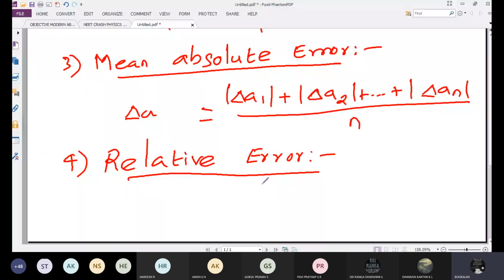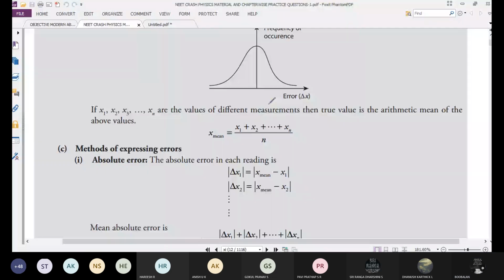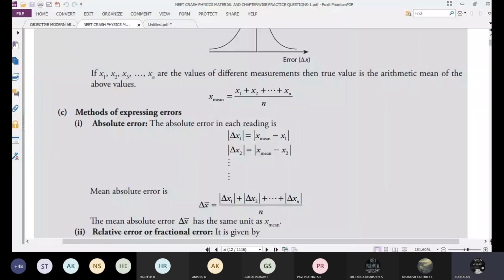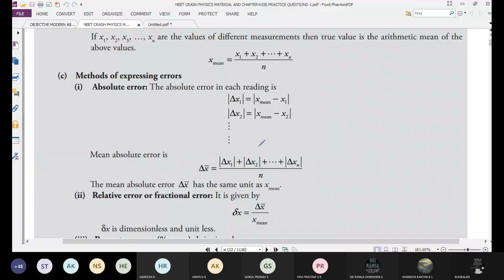Okay, up to mean absolute error, take a note. Absolute error: I mentioned it with a mark, but in this one they mention it as x.